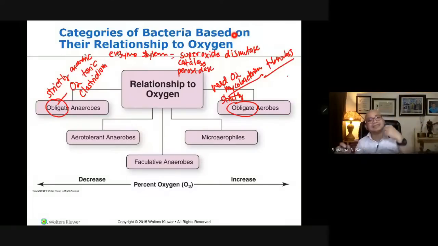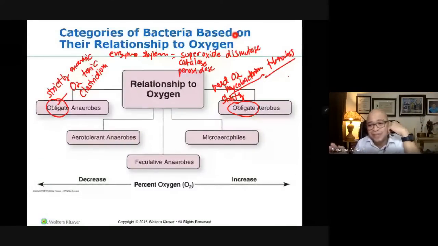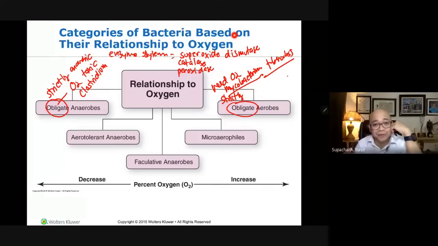So this is the enzyme system that will make the toxic form of oxygen into a non-toxic form. Mostly, obligate aerobic bacteria have this enzyme system, which is not present in anaerobic bacteria.